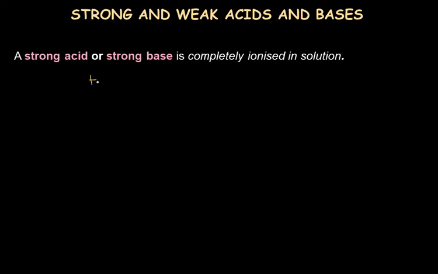Suppose we have a strong acid like hydrogen chloride. If we say it is completely ionized in its solution, that shows that we have taken an aqueous form of this acid. If it completely gets ionized in water, then it should fully turn into hydrogen ion and chloride ion.